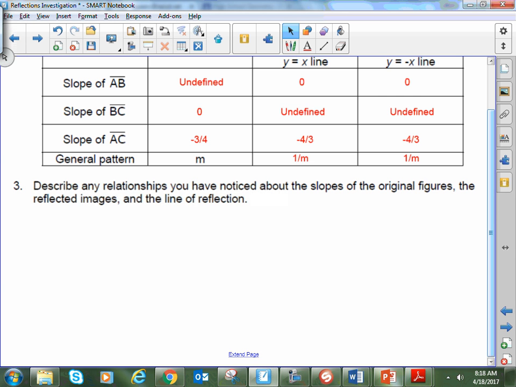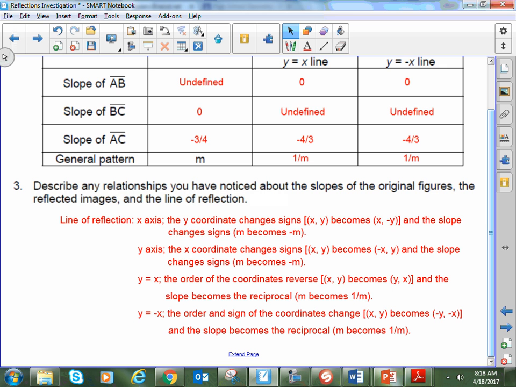So describe any relationships that you see. We're just trying to see, well, what are all of the things that we've noticed? So if you need to, take a moment and add whatever additional information you need to your own investigation, and we'll move on, and you'll hit play whenever you're ready.